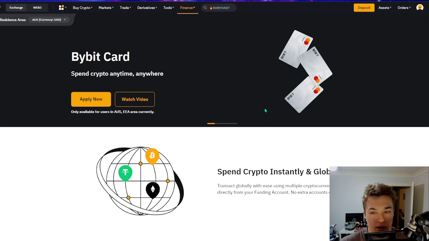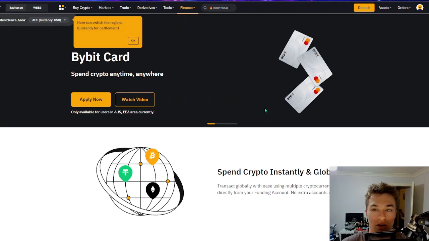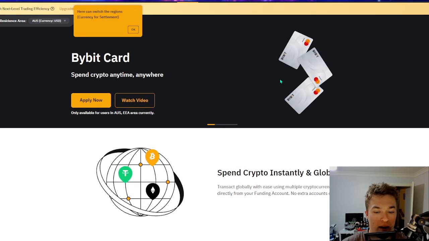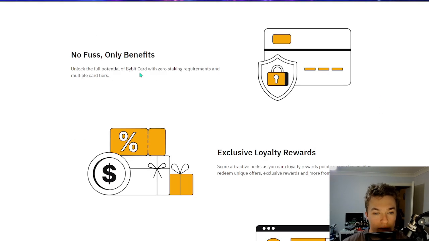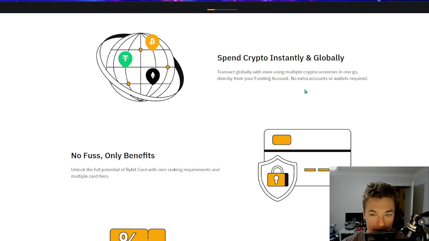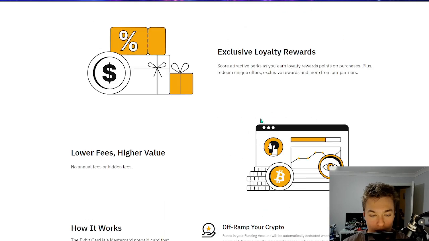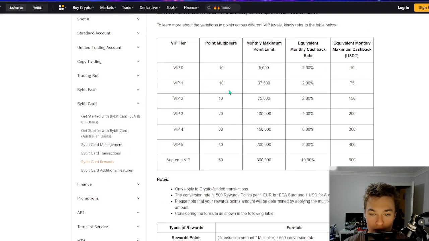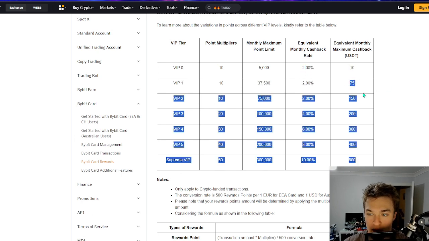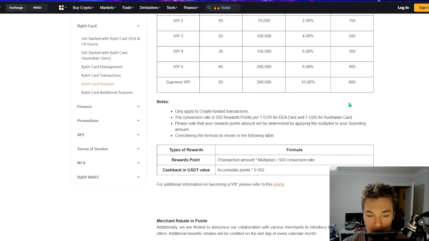Now, this is something I haven't used or done a lot of research into, but you can see it's just a prepaid MasterCard. Spend crypto instantly and globally. No fuss, only benefits. It does just look like a way that you can basically spend your cryptocurrency and earn some rewards. From what I can see, it looks like you can earn some cash back, which isn't too bad, but it does look like it's capped at monthly amounts. So it's there if you're interested.